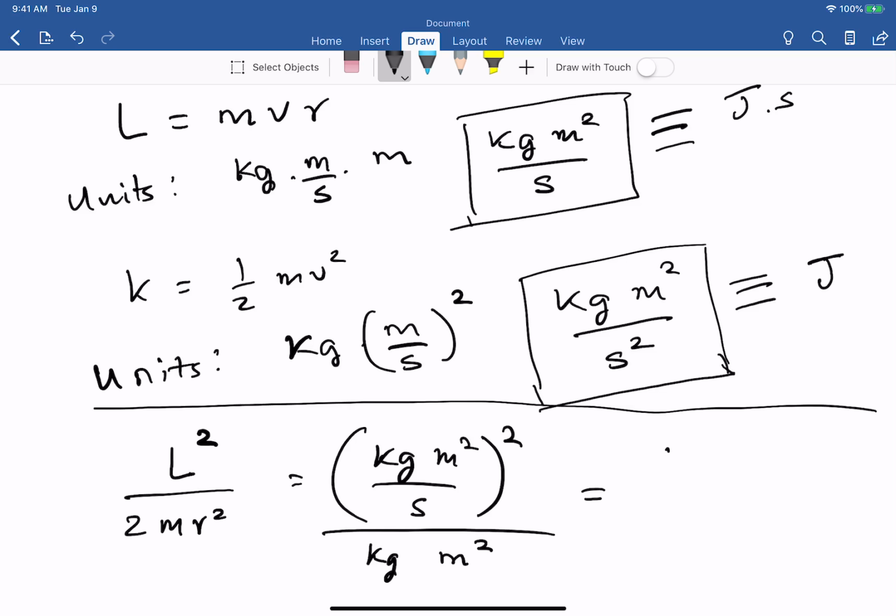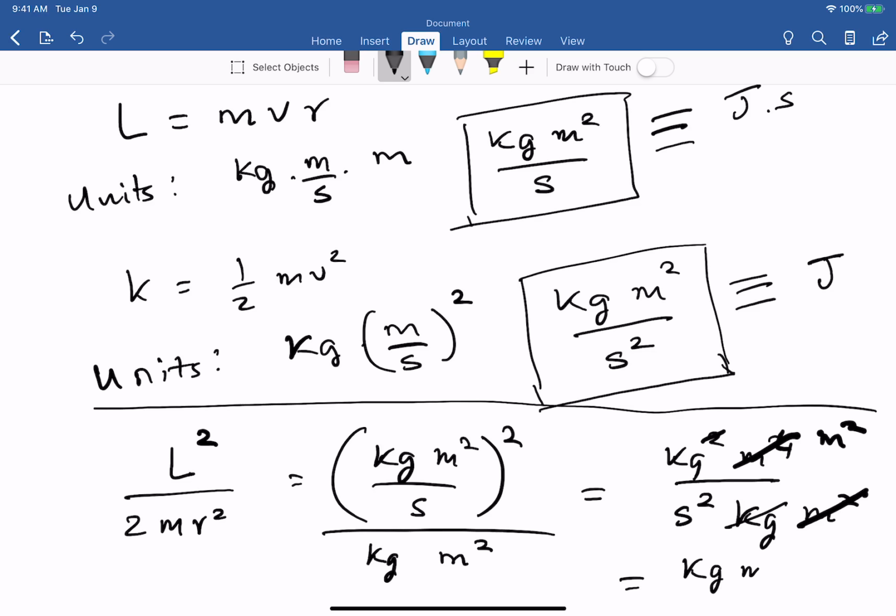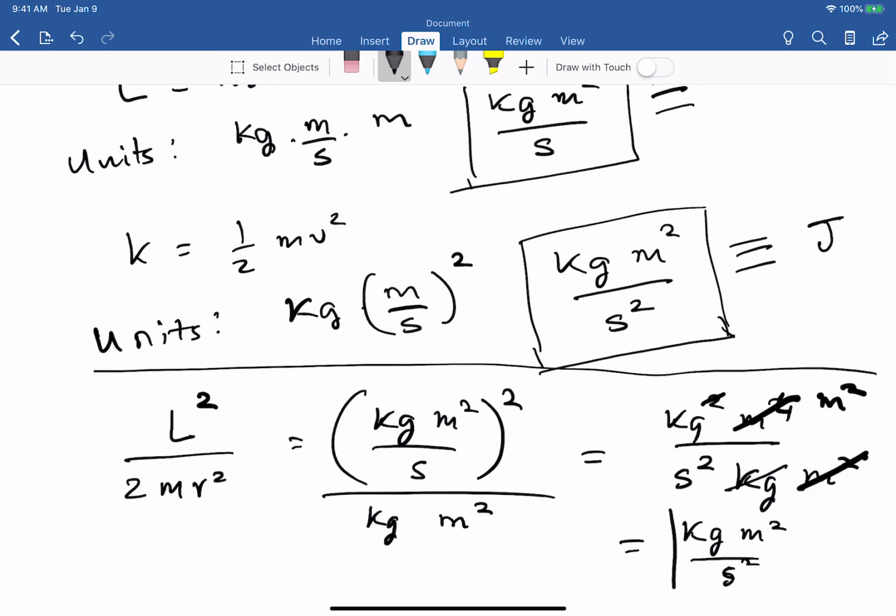This is just algebra, so it's kg square meter to the power of 4 divided by second square, and then that is divided by kg and meter square. There's some stuff that cancels out. One of the kgs will cancel out and meters square will cancel out. So what do we end up with? Kg meter square over second square, and it does work out because that is joules, which is the unit of kinetic energy.